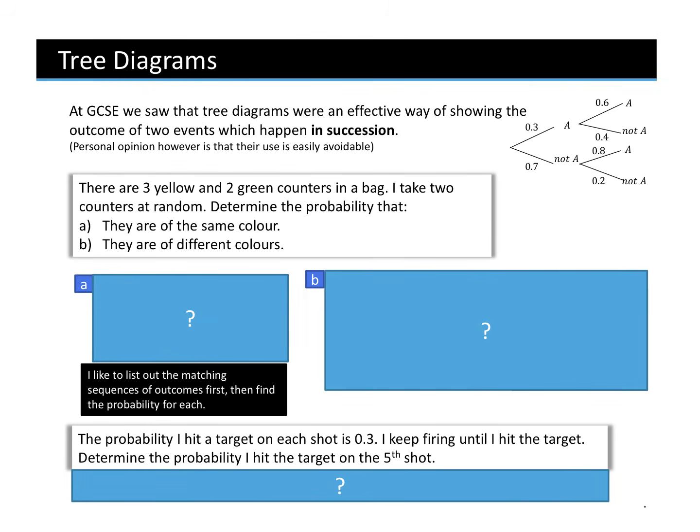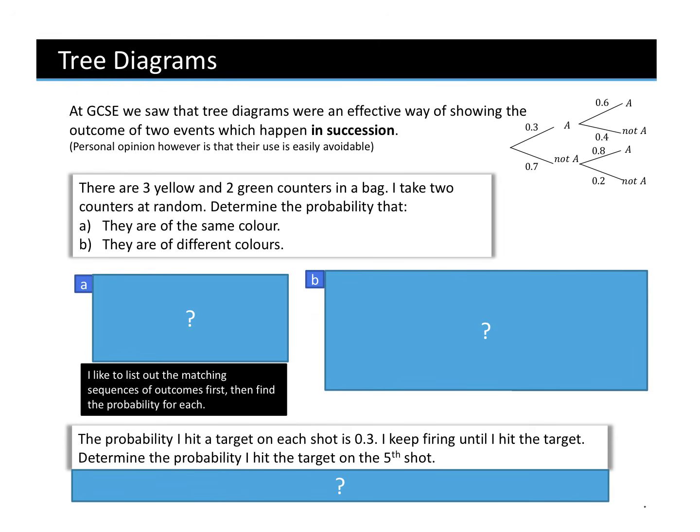Tree diagrams. We have done this at GCSE. 3 yellow counters and 2 green counters in a bag. I take 2 counters at random. Determine the probability that they are of the same colour. Now, if she takes 2 counters, that means she's taken 1, she doesn't replace 1.